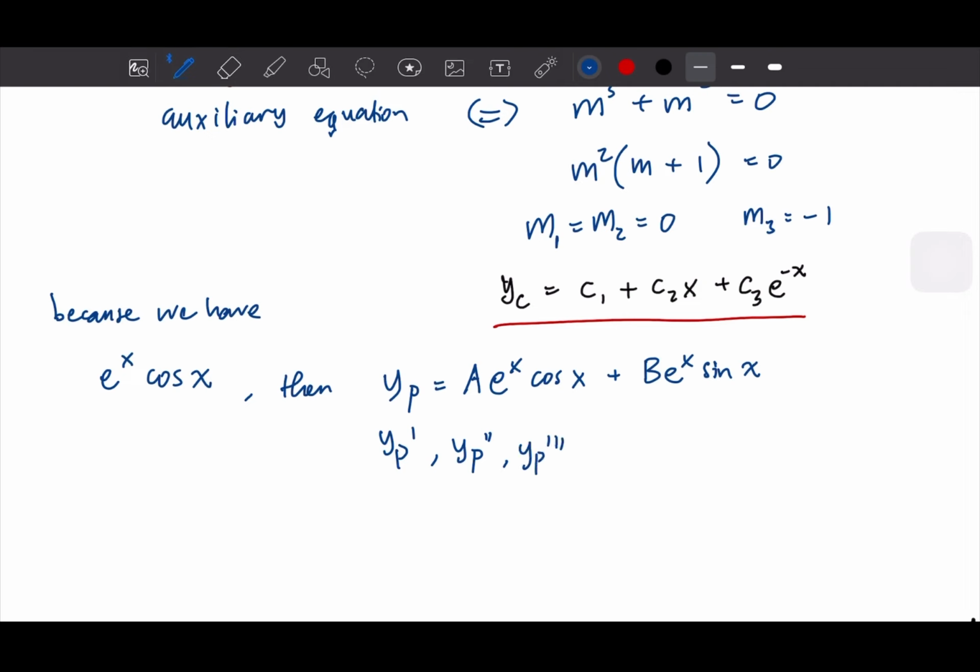I know this will take a really long time, but hopefully we can adjust all these terms, and I think we only need the third order and then the second order to be put into our equation, and find A and B. After we get A and B, we are going to be able to find our y, which is our yc plus yp.